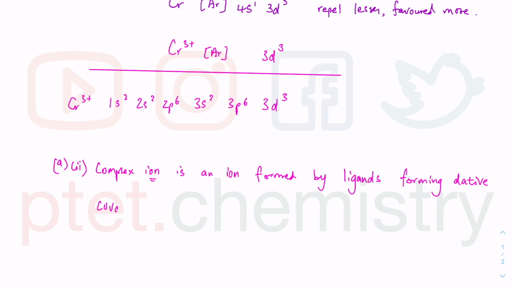Just stick with one form or the other. Essentially when you have a complex, you have ligands and a metal center, and these ligands form dative covalent bonds to this metal ion center. Then we call them a complex.